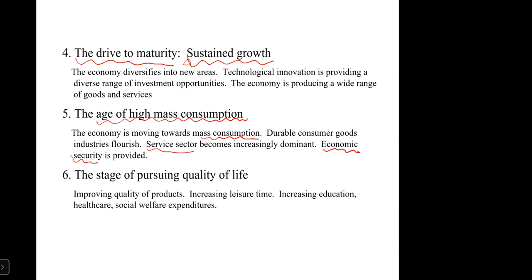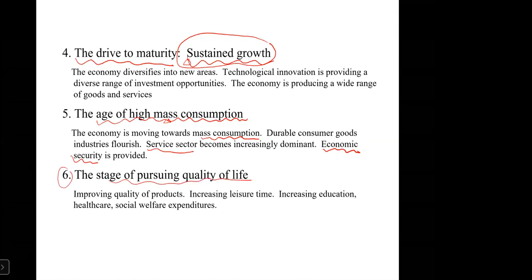Compared to the previous stage, in which the society devoted all the resources to investment, now once they have experienced sustained growth and accumulated a sufficient amount of wealth, they start to enter high consumption. Also, they care about social security and the social safety net. And finally, the end stage is the pursuit of quality of life.